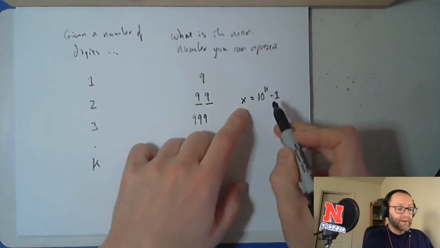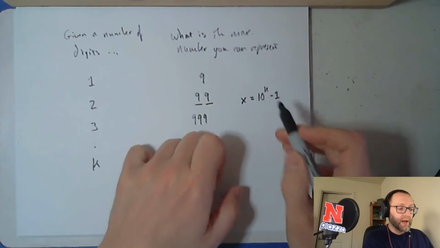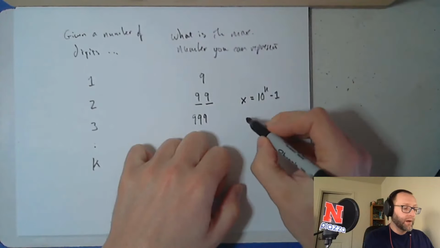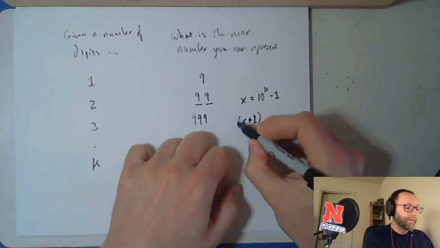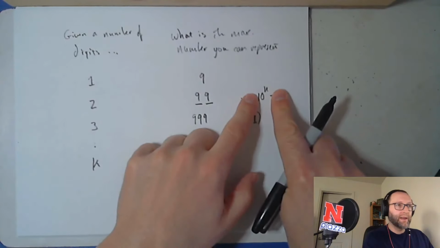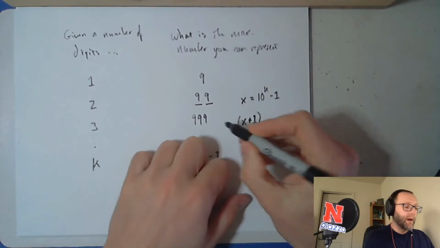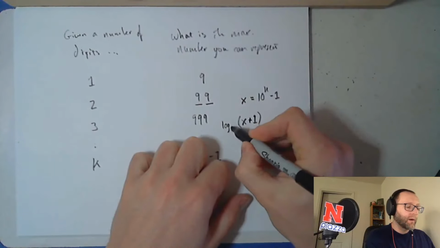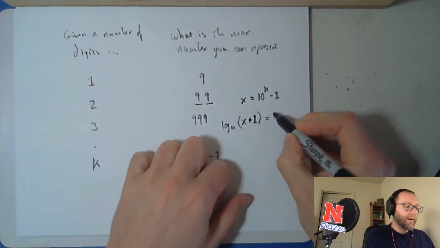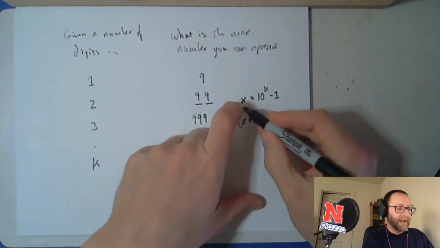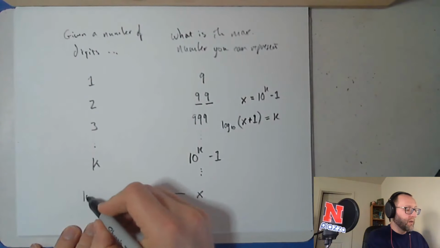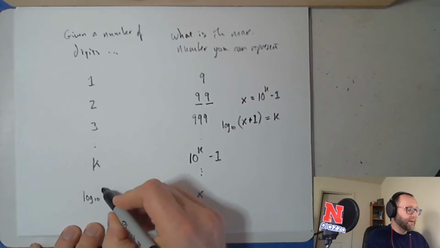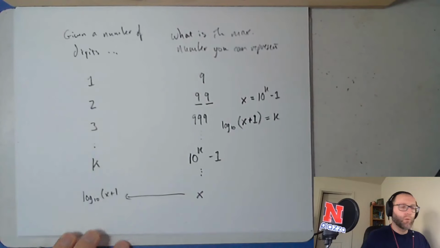In other words, I just need to bring everything over to the other side and get k in isolation here. That means that I'm going to take 1 onto the other side. And now with only 10 to the k, how do I get rid of that 10? I take a log, base 10, and that cancels, the k comes out front, and that all cancels, right? So in other words, log base 10 of x plus 1.